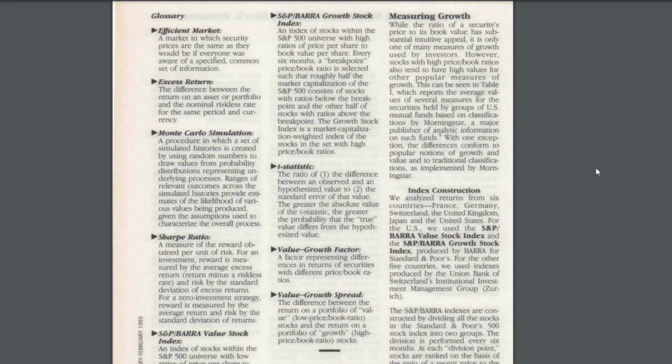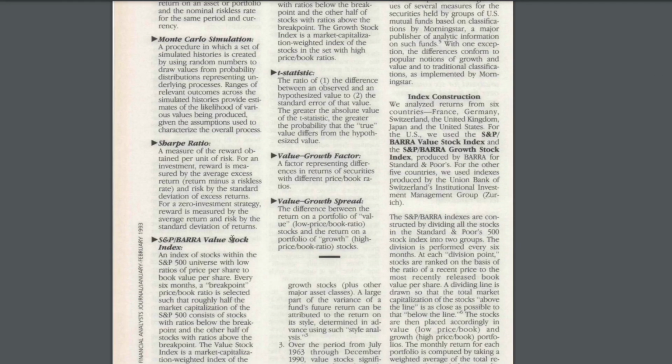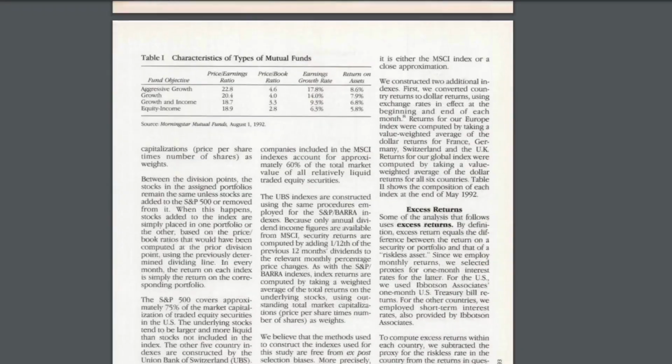So a positive value equals a higher return from value stocks, and a negative value is a higher return from growth stocks. And so that's what they're measuring. They're measuring just the returns of a large index of value and growth stocks, and then subtracting them from each other.